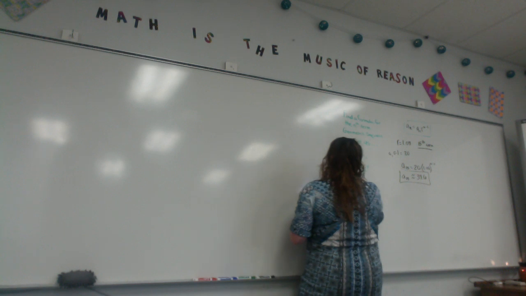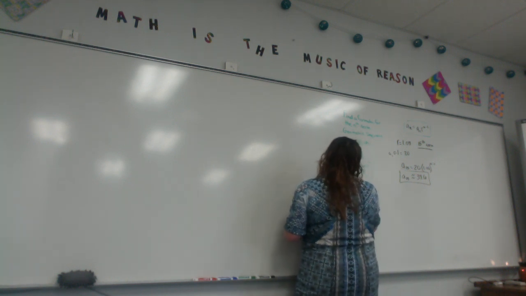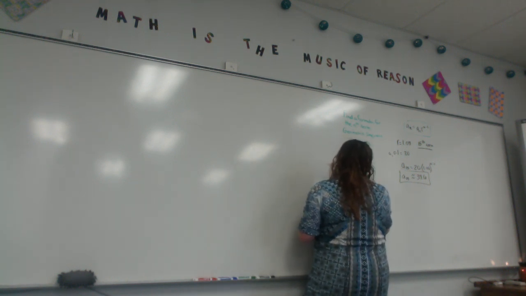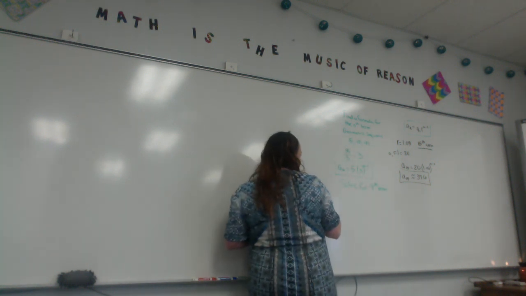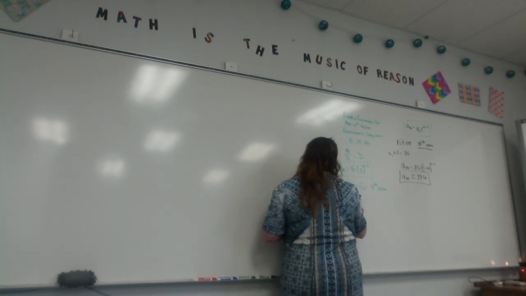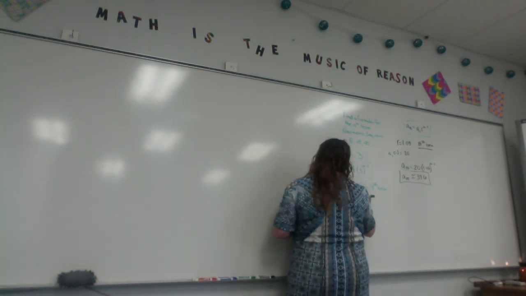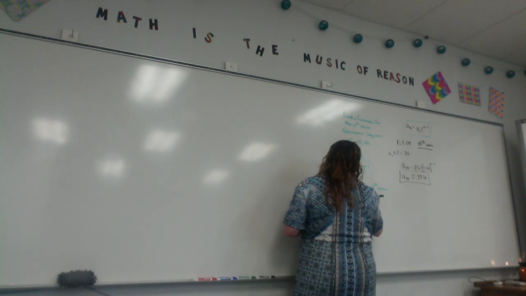Now, if they told us to solve for the 9th term, what would I do? You plug the 9 in for the n. So I have this, and 9 minus 1 is 8.